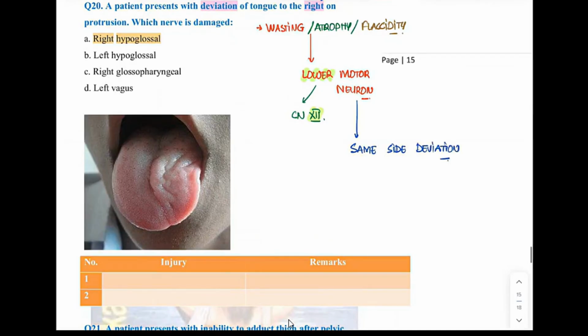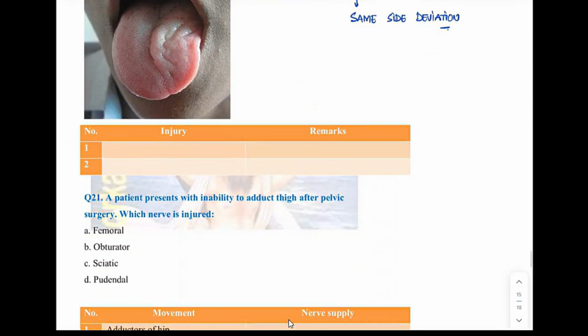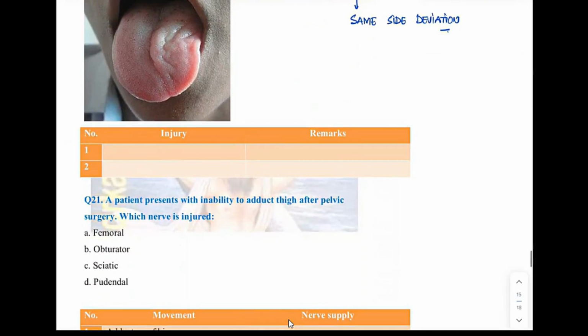So for hypoglossal nerve palsy, we have two ways, either upper motor neuron or lower motor neuron. Now in upper motor neuron, the tongue deviates to the opposite side, whereas in lower motor neuron, it deviates to the same side.